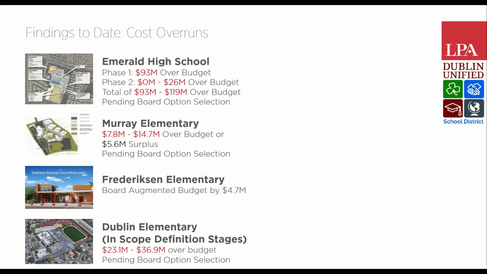Well, the cost overruns are from a variety of different reasons. Some of it has to do with escalation. So some of these projects, when they were originally estimated, escalation factors were never added to the budgets.